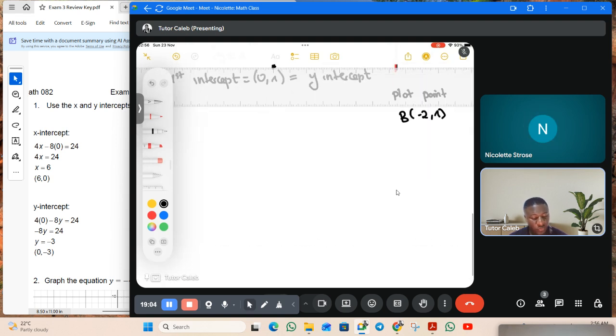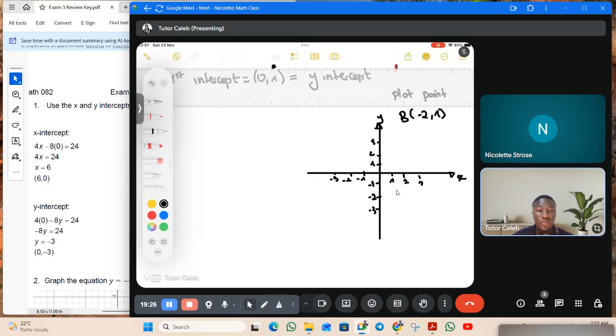Let me draw my Cartesian plane. I'll have here negative 1, negative 2, negative 3, and 1, 2, 3. This is my y-axis, my x-axis.